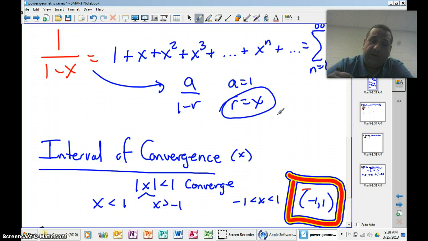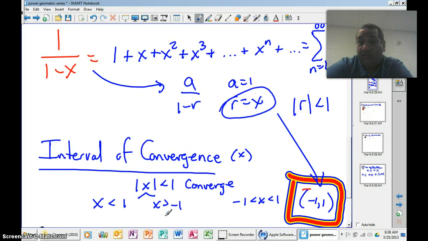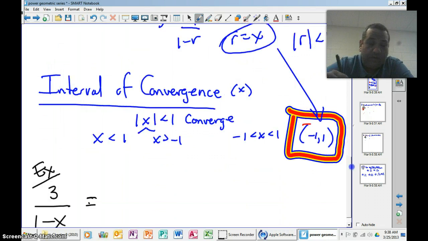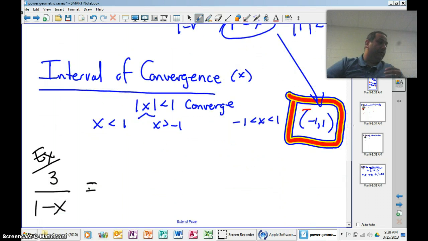So here's my interval of convergence right here. Remember that it all comes back to the absolute value of r being less than 1, and that's what I'm doing. Now in terms of x, I'm finding an interval of where it will converge, whatever r is. Okay?